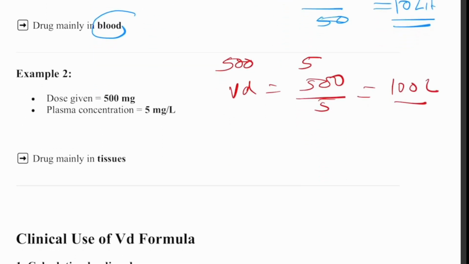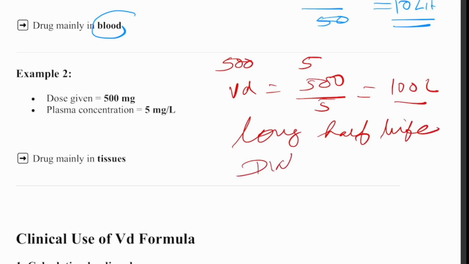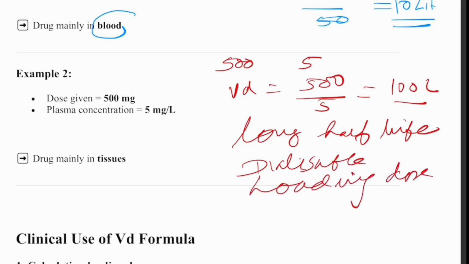So here it means that the drug has moved into various tissues. So they have got a long half-life, they are not dialysable, and they need a loading dose. So higher the volume of distribution, lower will be the plasma concentration.